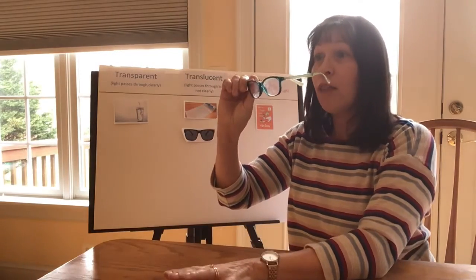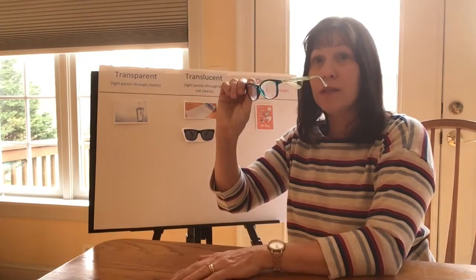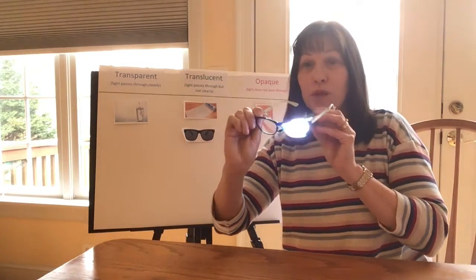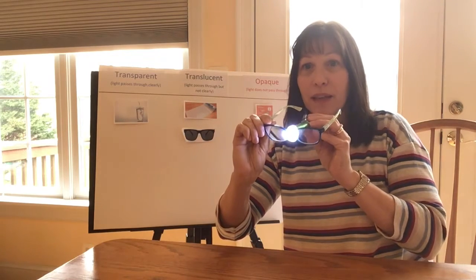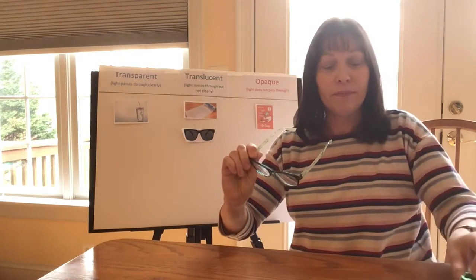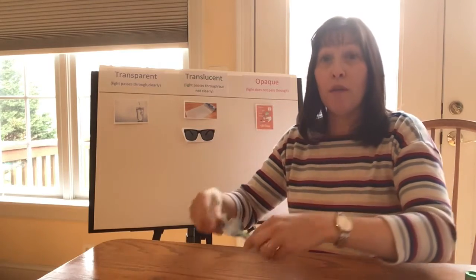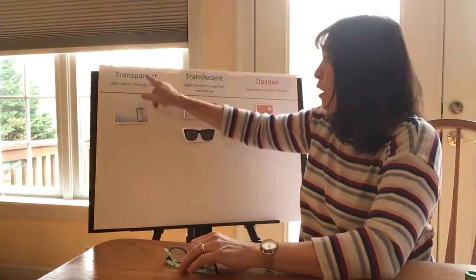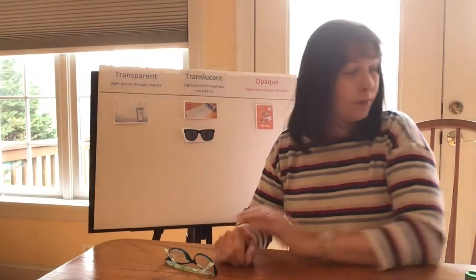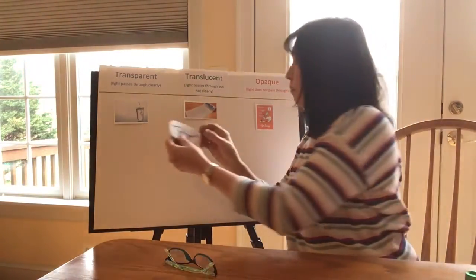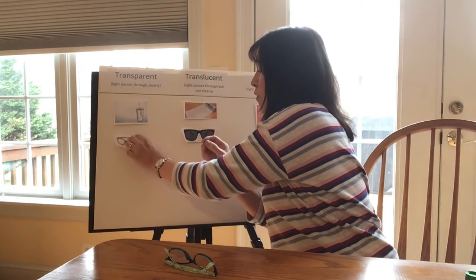I can see the colors, the details of things, and light passes through the glasses. You can see the light. This is another example of the first column, which is called transparent. I'm gonna put it right there.